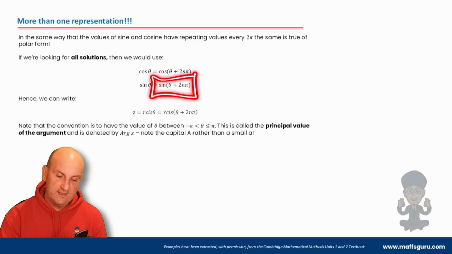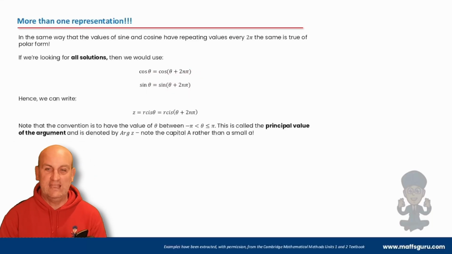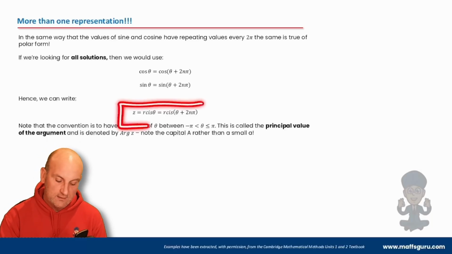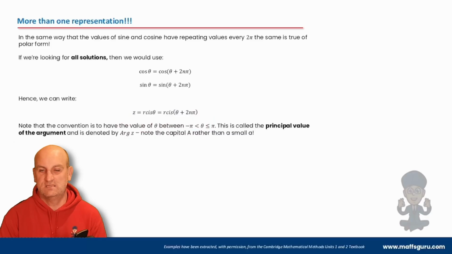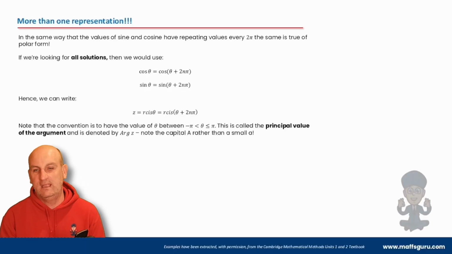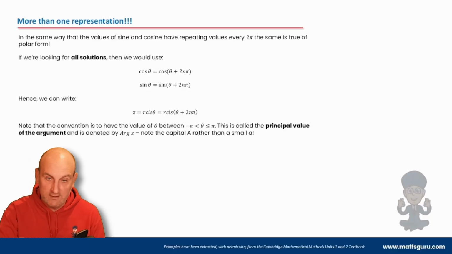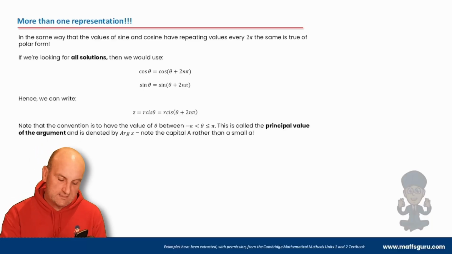Likewise, sine of theta plus 2n pi, again, takes into account the fact that this repeats every 2 pi. So we can now write that z equal to r cis theta can also be rewritten as r cis of theta plus 2n pi. That just says there are an infinite number of solutions to the way we could write a complex number in terms of the number of times we're going around a circle.